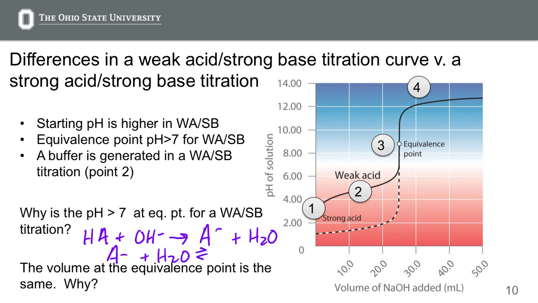And it has equilibrium with water. So this equilibrium, the conjugate base plus water in equilibrium with HA plus OH-, is the reason why the pH is greater than 7 at the equivalence point. Volume required to get there is the same as if it were strong acid, but the pH is different. Okay.